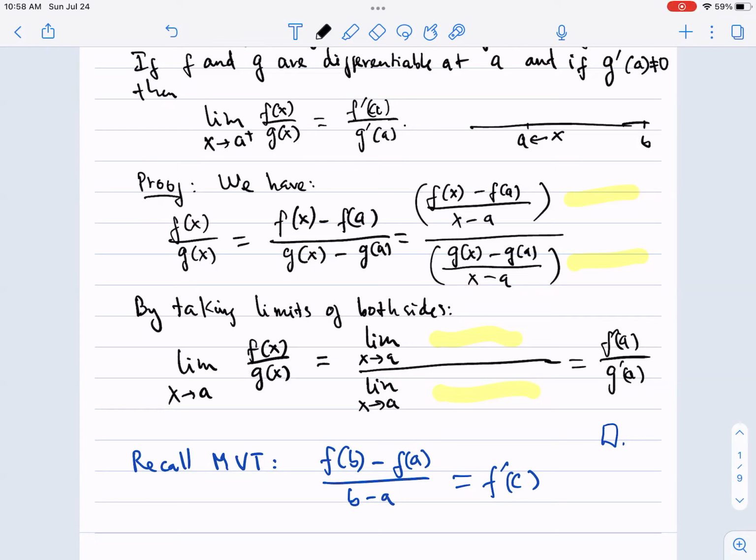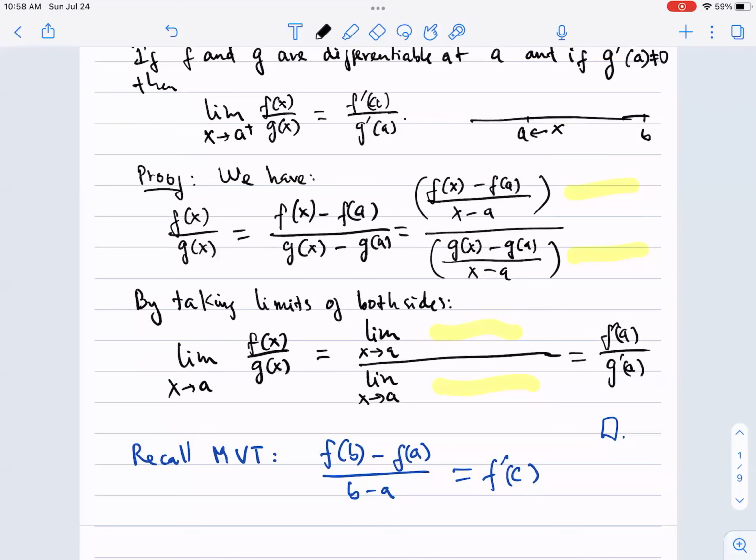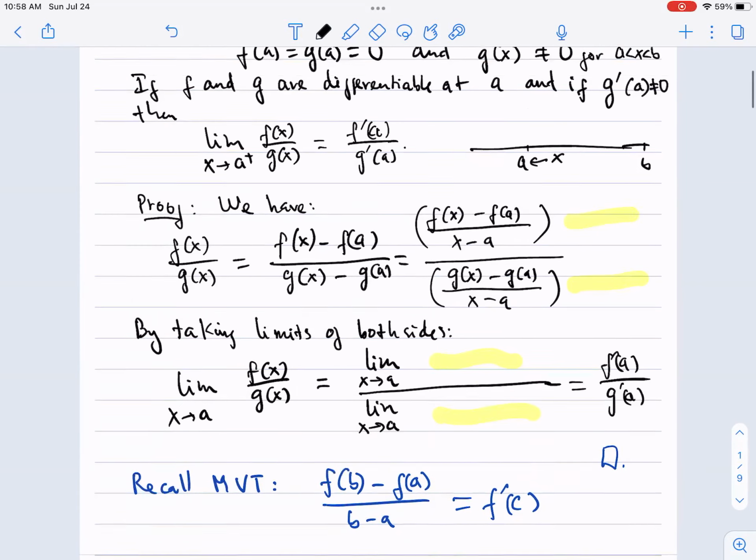And here x approaching a plus means x approaching a from the right, as you can see in this picture. So the proof of this theorem gives the prototype for other proofs that you're going to see in this section. It's just simple. So we have f(x) divided by g(x) equal to f(x) minus f(a) divided by g(x) minus g(a).